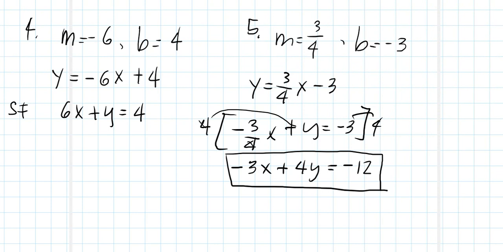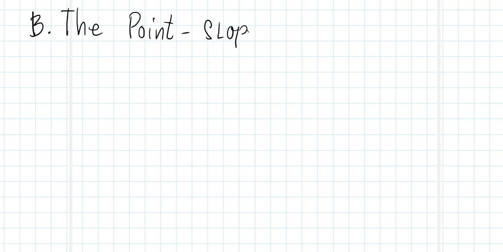Then we have another method, which is the point slope form of a line.